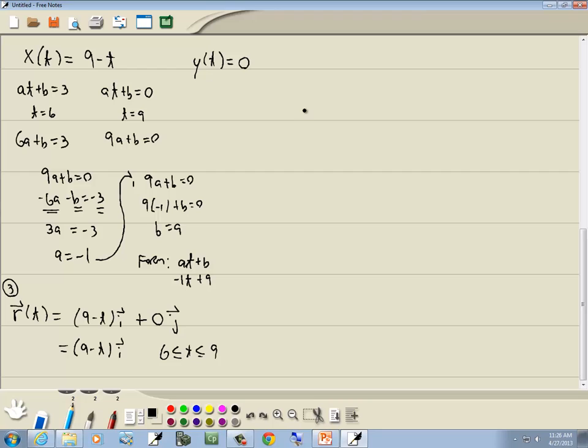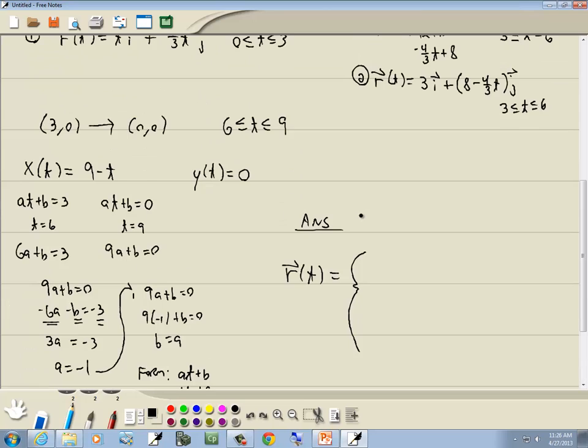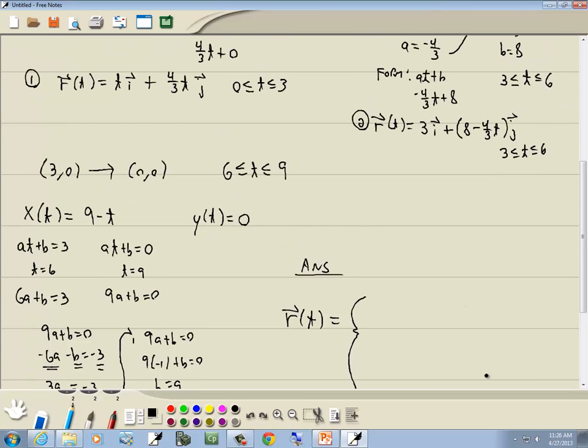Okay, so let's write our answer then. We're going to merge these all together. So our r is going to equal our first piece. We got t i plus 4/3 t j from 0 to 3.